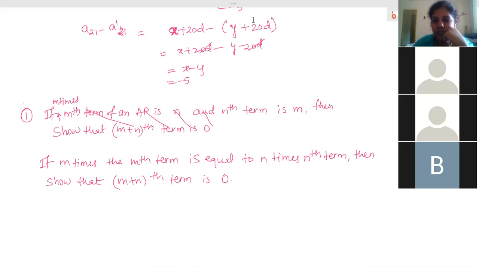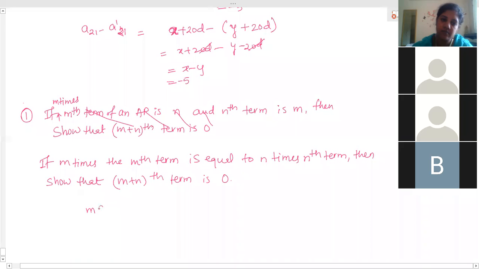This means how to represent it? Gautam, can you tell? Ma'am, m into the mth term, which is a plus (m minus 1) into d.